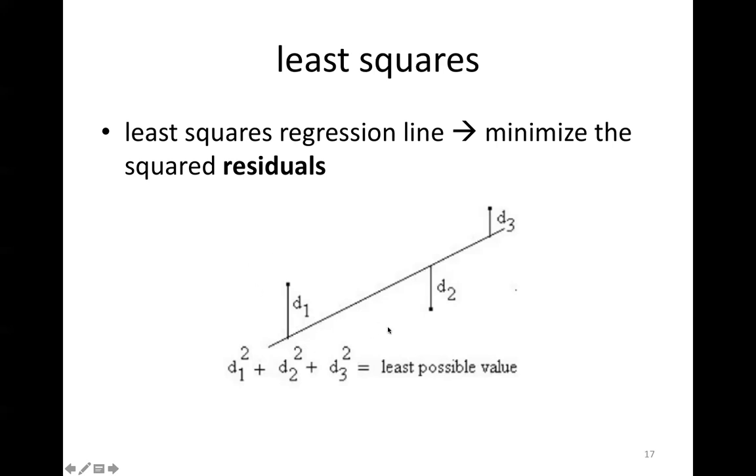You could define other criteria for best, but this in general works pretty well. And this is called least squares regression. The least squares comes from the fact that the line we learn to calculate is the line which minimizes the sum of squared distances here. Okay, the sum of squared distances is minimized.